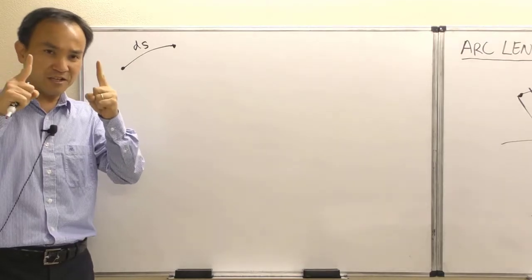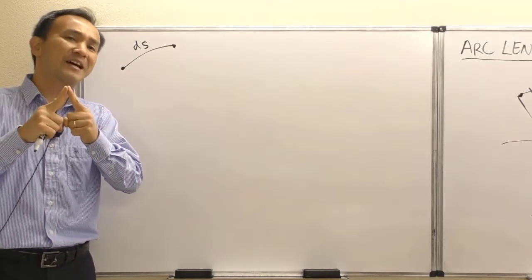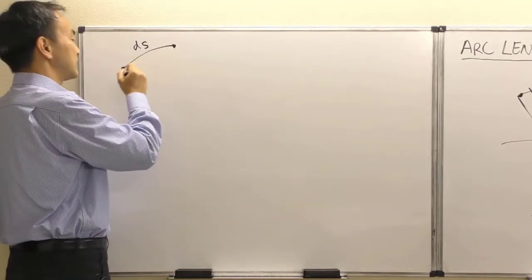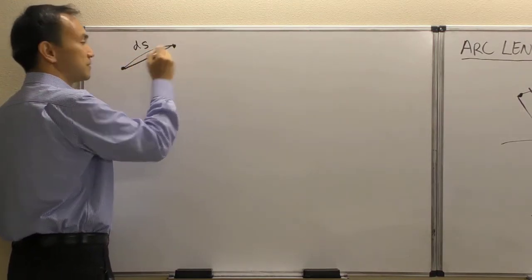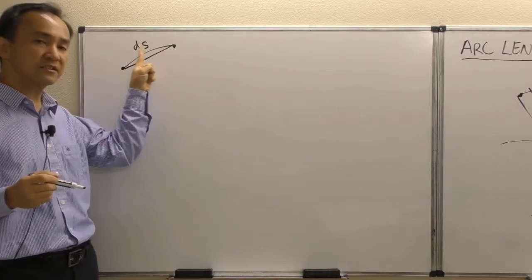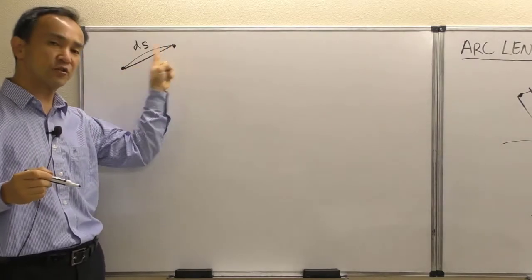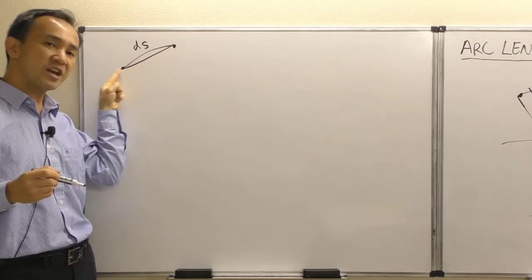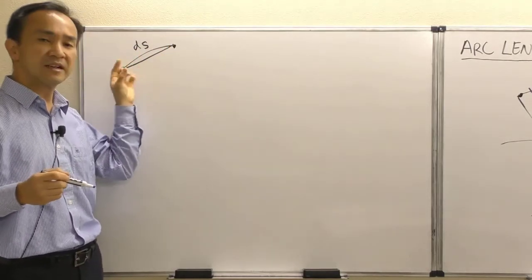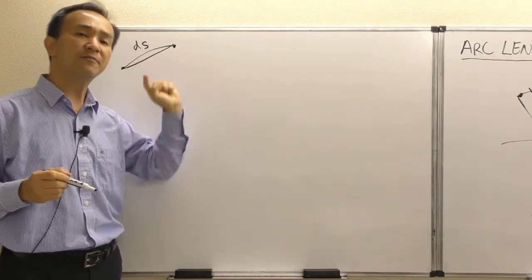So at a very small, microscopic level, there is not much difference between being bent or being straight. Either the subsection is bent as an arc or it is straight as a segment right here. The length is close enough from each other.